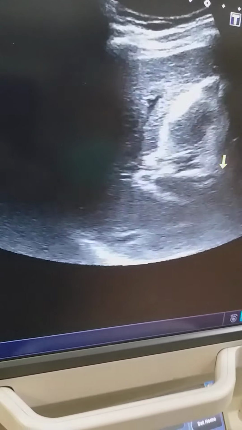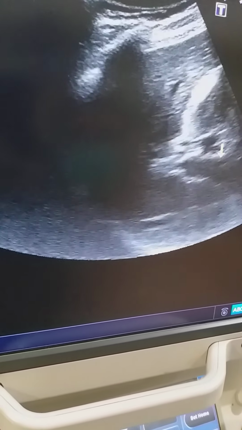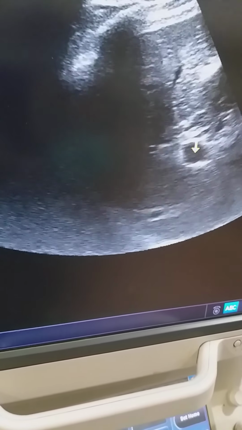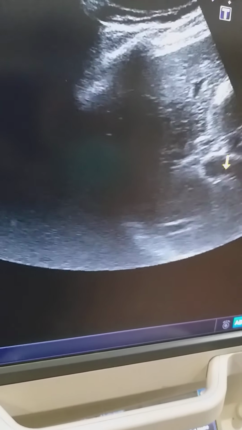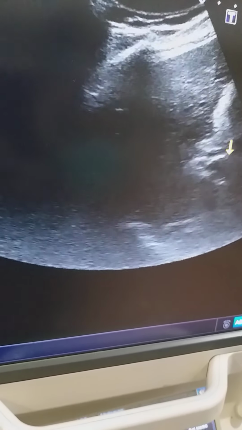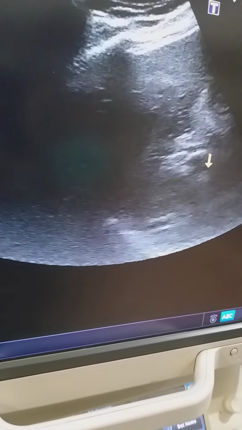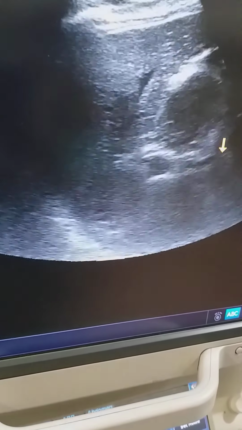So I am going to put the color in the portal vein to appreciate whether this is centripetal blood flow or centrifugal, and what is the velocity and what is the variation of spectrum during the respiration.